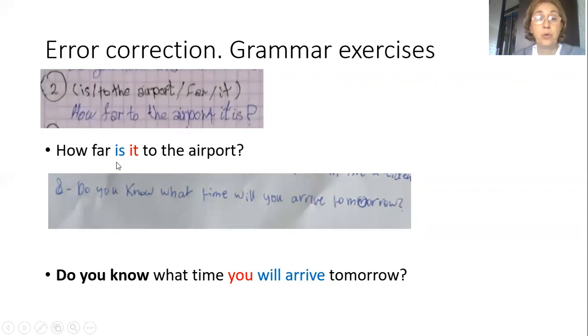That is why the order of words should be the question phrase, then the verb and the subject. It should be how far is it to the airport? Not it is, but is it? Yes, it's possible to use the airport after the question word, how far to the airport is it?